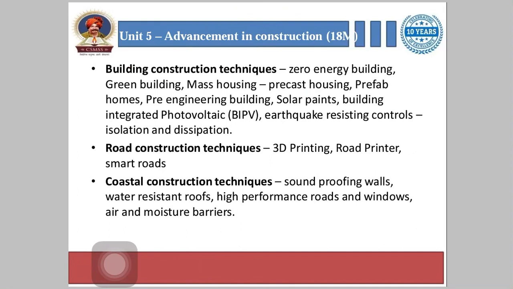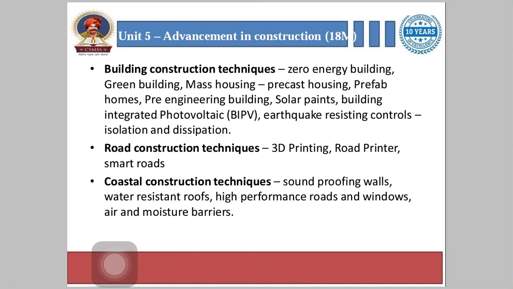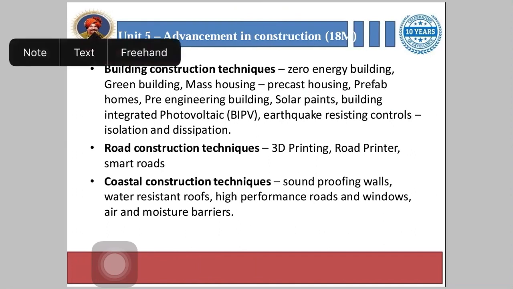So the fifth unit carries total 18 marks. In this we are going to see some building construction techniques, road construction techniques, coastal construction techniques and ground improvement techniques. So in building construction techniques, zero energy building, green building, about the mass housing, precast housing, prefab homes, pre-engineered buildings, solar paints, building integrated photovoltaic, earthquake resisting controls, isolation and dissipation.